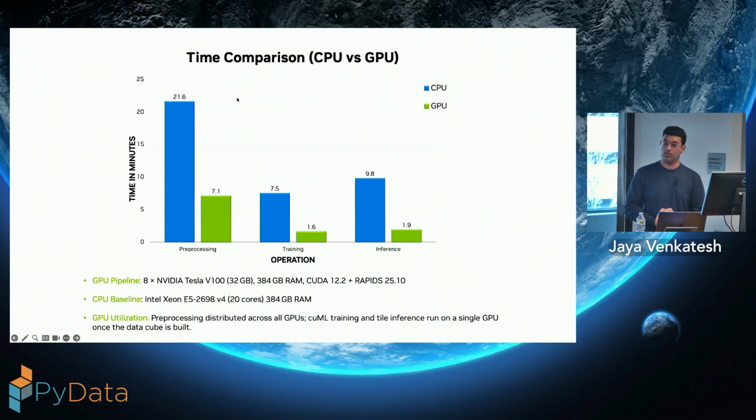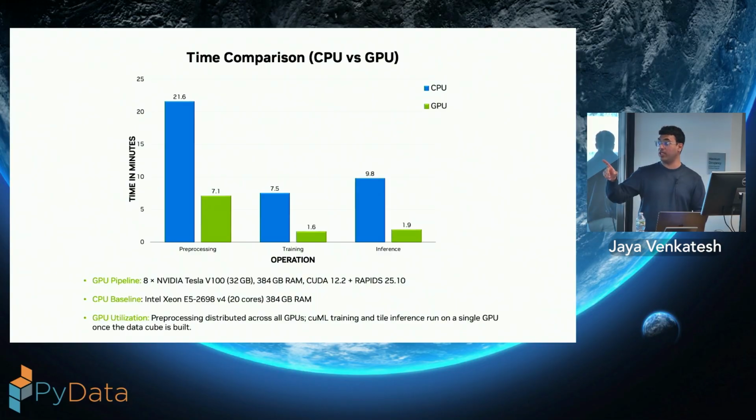How about any programming overhead? How large were the changes needed between the CPU code that runs natively versus the code that runs now? This is where the RAPIDS accelerator comes into the picture.